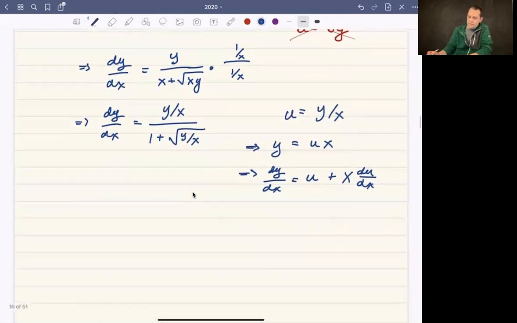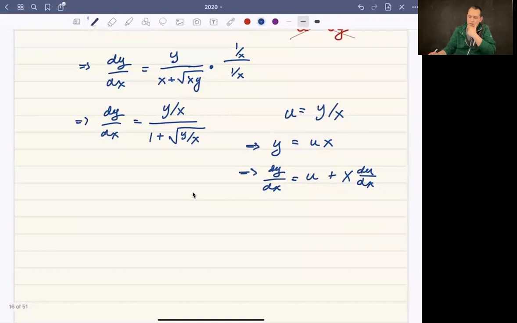Now let's see what happens here. We're going to end up with u plus x du/dx equals u over 1 plus square root of u.